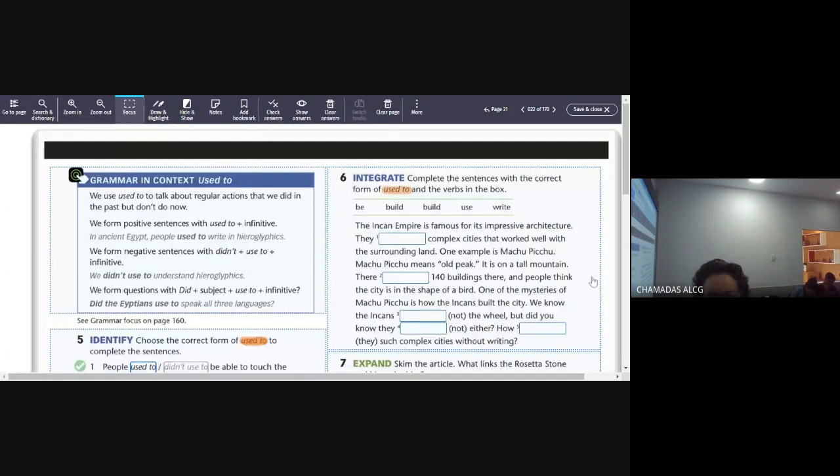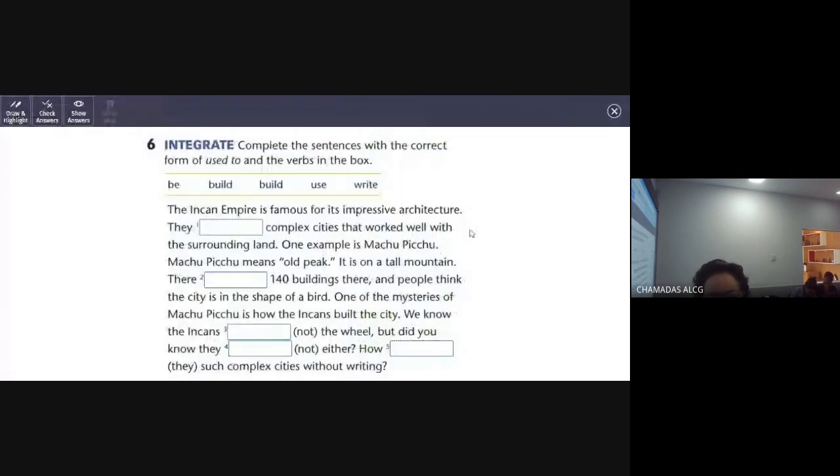So just for us to finish this page, let's complete number 6. Complete the sentences with the correct form of used to and the verbs in the box. Remember, we use this structure to talk about actions in the past that happened more than once. Repeated actions, habits that don't happen now in the present, okay?